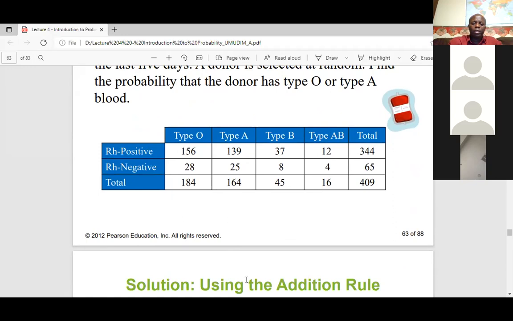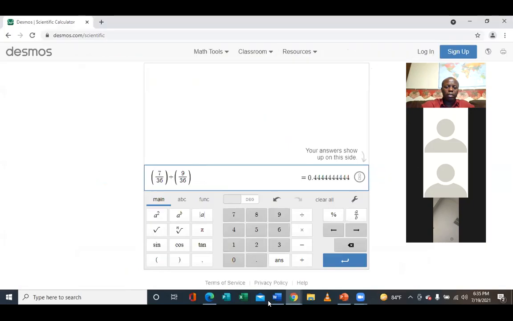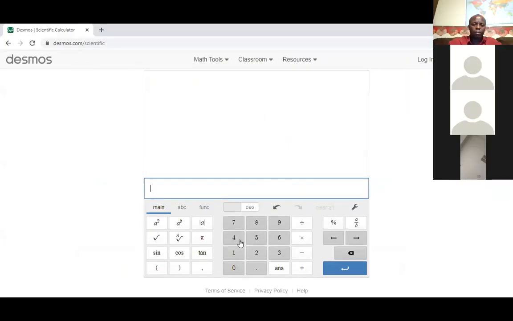So when you put all these things together and get the totals, for example, if you add these two, 156 plus 28 gives us 184. And that is what we have here.